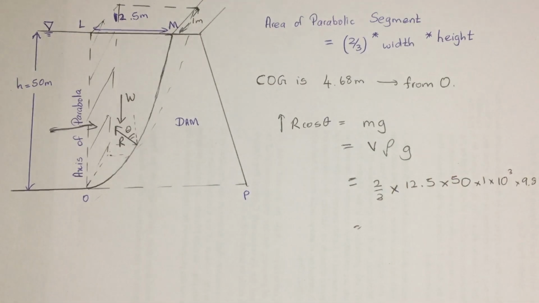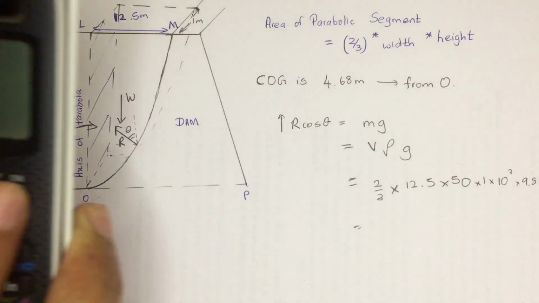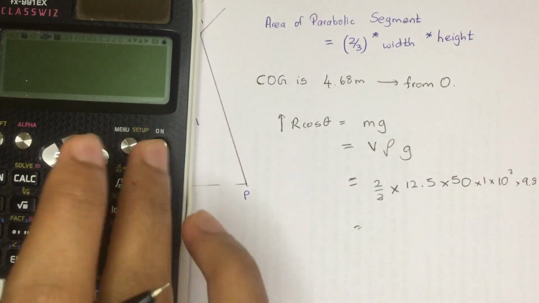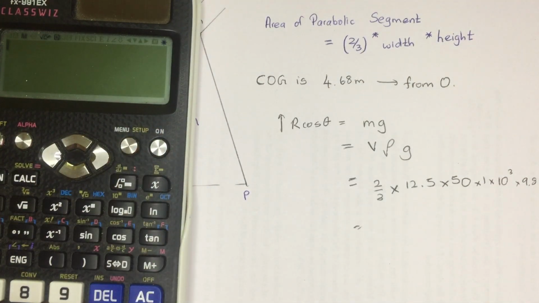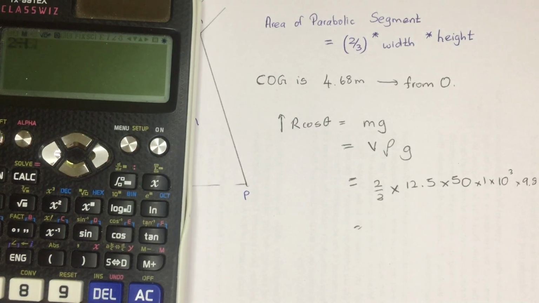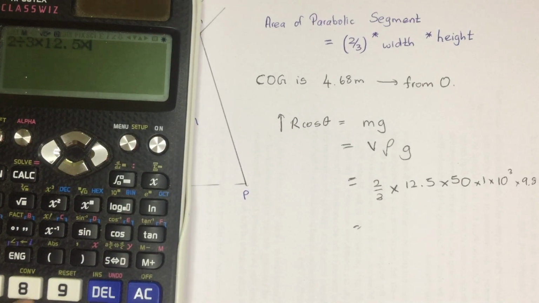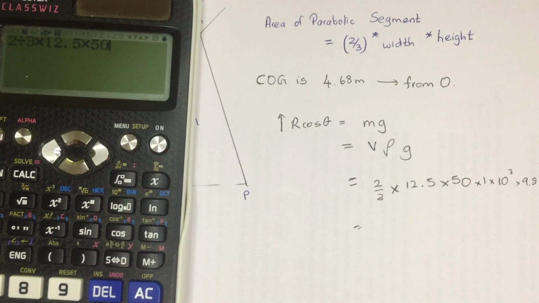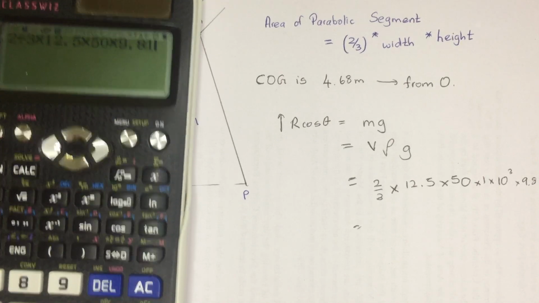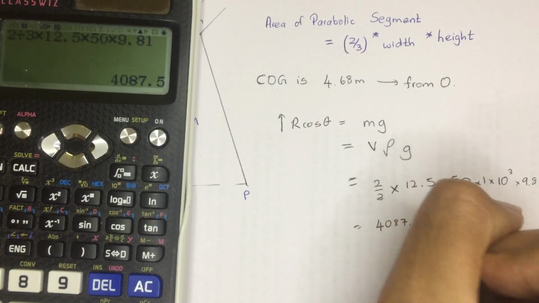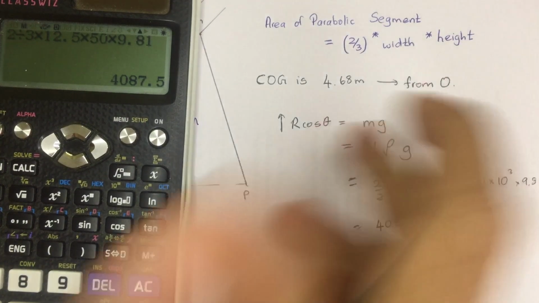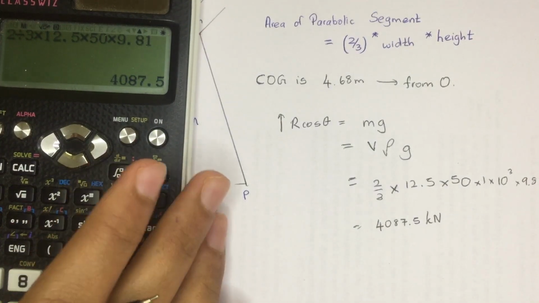The answer is going to give the vertical component of the hydrostatic thrust on that dam. Using the calculator, 2 by 3 into 12.5 into 50 into 9.81, I'm going to get 4087.5 kilonewtons. So now we have finished the first part.